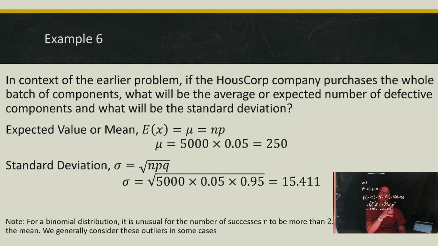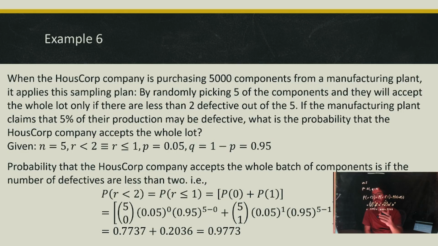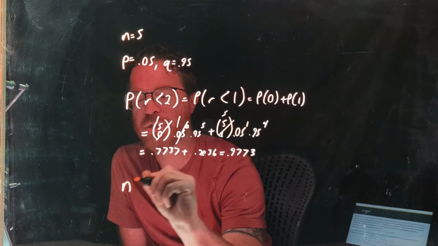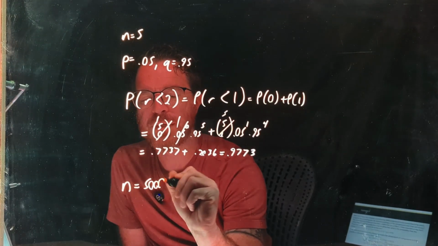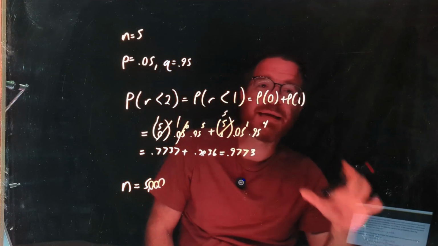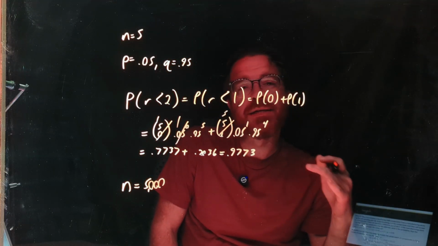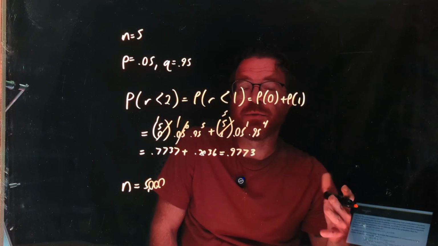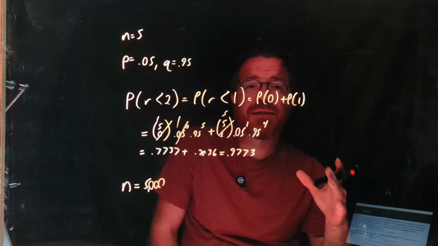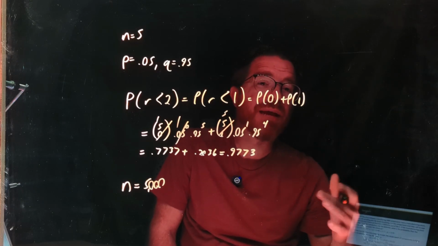Well, what about if we wanted to know, we accept the whole batch and there were 5,000 total in the batch. So for the second part of the problem, we're looking at the entire batch. N equals 5,000. And now we want to know is, we've accepted the batch, what is the number of products, whatever they are, that you expect to be faulty? So this is our expected value.